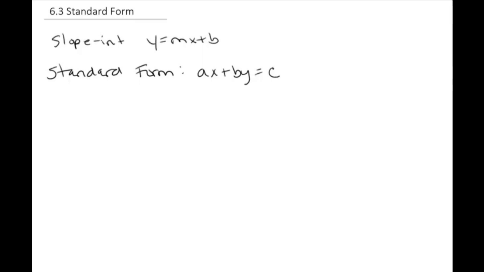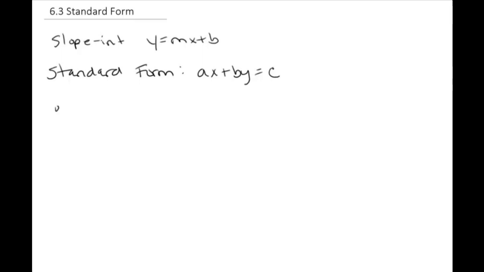So when we have this form, there are two ways that we can either manipulate the function or utilize a skill to be able to graph these things. And the thing that we're going to learn in this section is using the x and y intercepts to be able to graph functions in standard form.